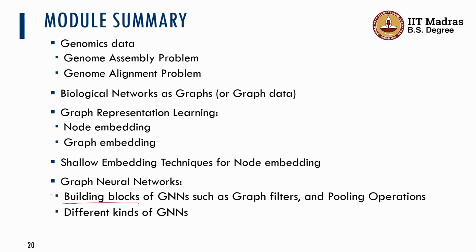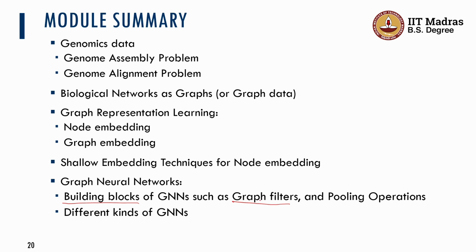Recall that we have not studied GCN, graph convolutional networks, or graph attention networks, but we have studied how they can be constructed using graph filters. We studied different kinds of graph filters, which can be used along with activation layers and pooling operations to create graph level embedding.